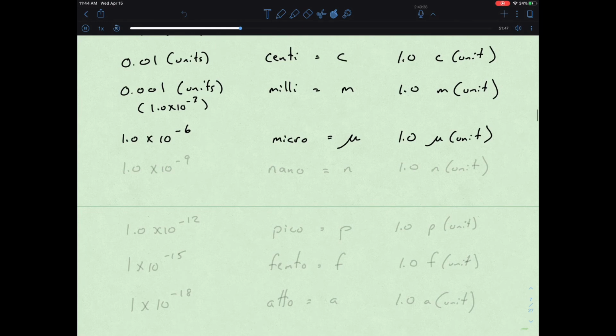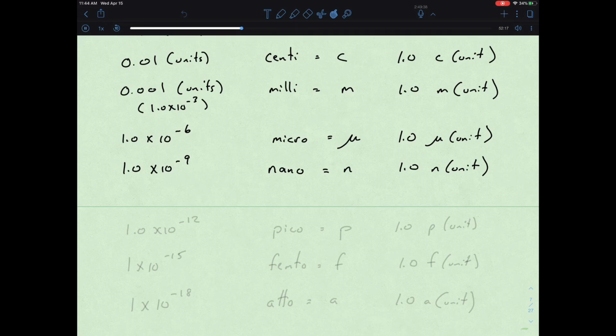That's what it's called. So that's micro. We then go a little bit smaller. 1 times 10 to the negative 9th. Now we're talking about nano. You might have heard of nanobots or nanotechnology, nano wires, nano breweries. That's all just talking about how small of a value they are.